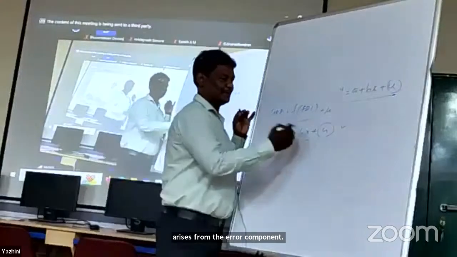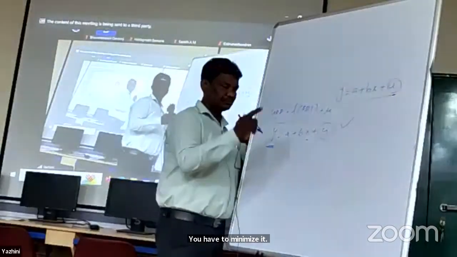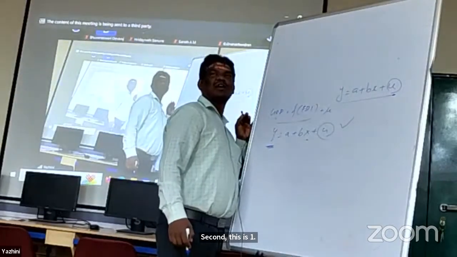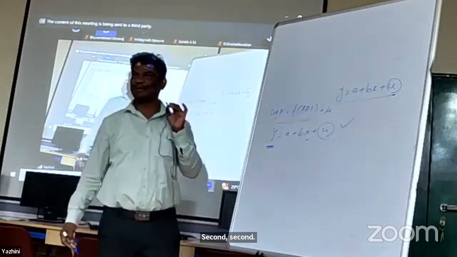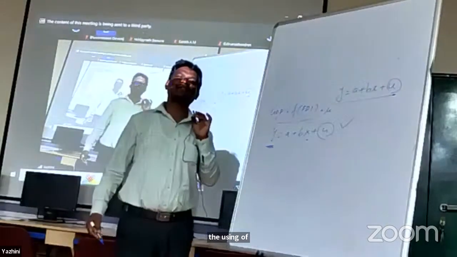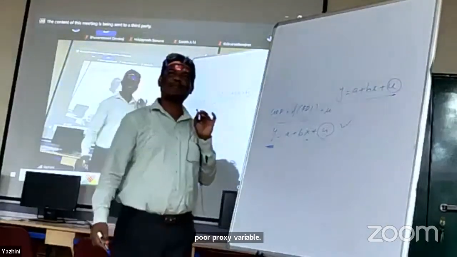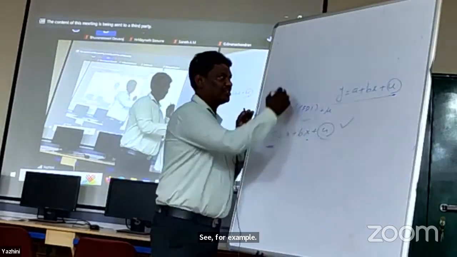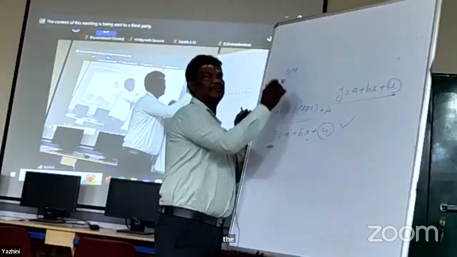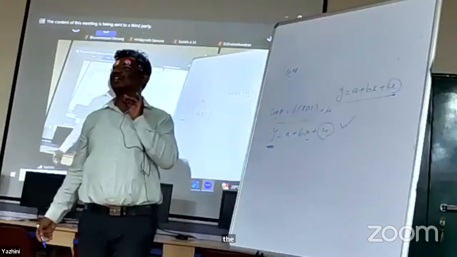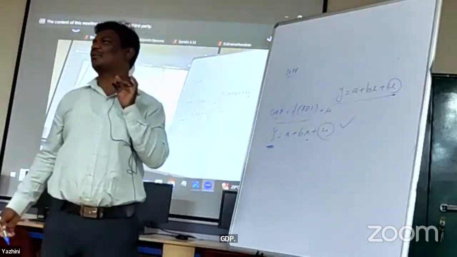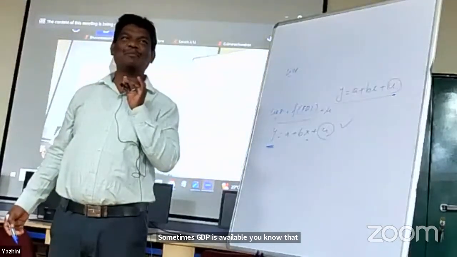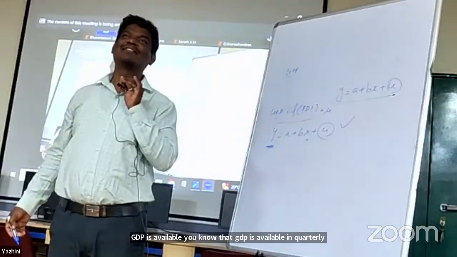Second, the use of a poor proxy variable. You know what a proxy variable is, right? For example, GDP. You know that GDP is available quarterly, not monthly.